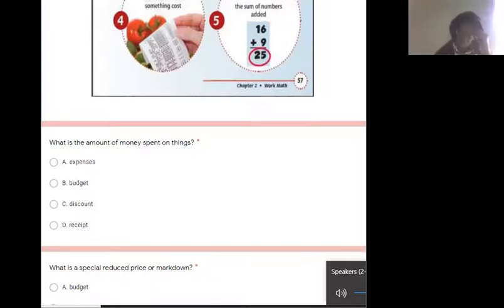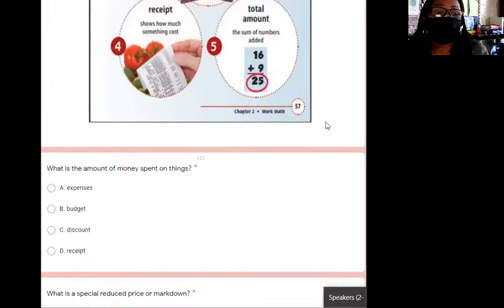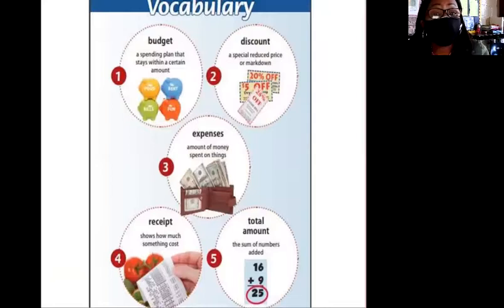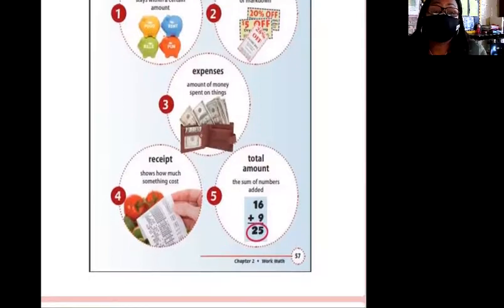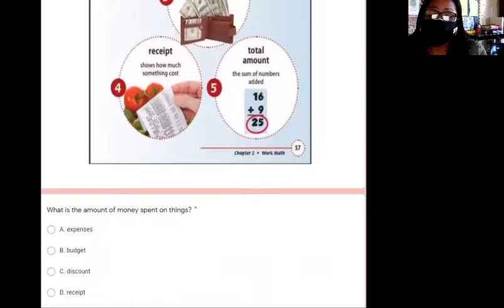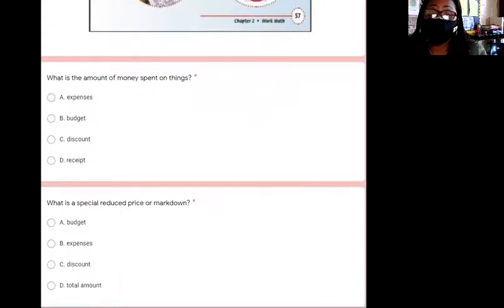Is it B, Ms. Robin? What is the amount of money spent on things? Would that be budget? Nah, that budget is a spending plan, but that's a very good try. Expenses is the amount of money that we spend on things. Yep, very good. Thank you so much for giving that a shot.